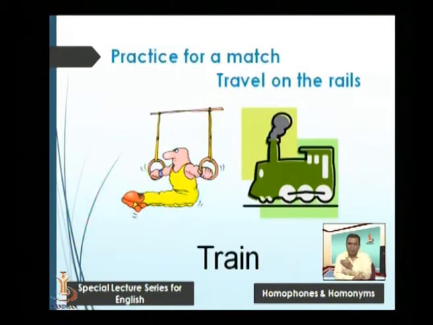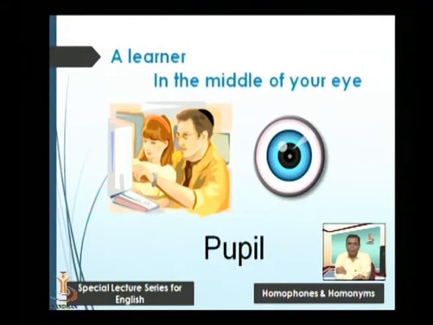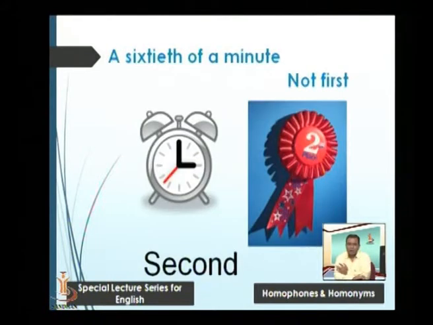Train means somebody is undergoing training, and train, that mass surface transport vehicle, railway, what we say. Pupil is used, this word pupil, a learner, a student, it's a synonym of a student, and pupil is the part of our eye. Then second, the 60th part of a minute, and second means not first.